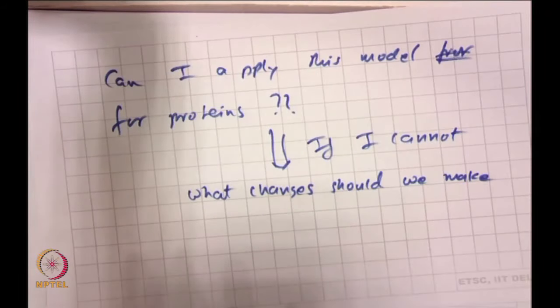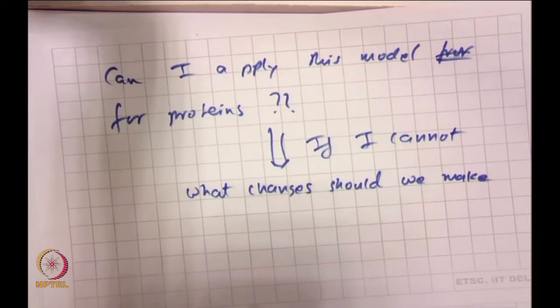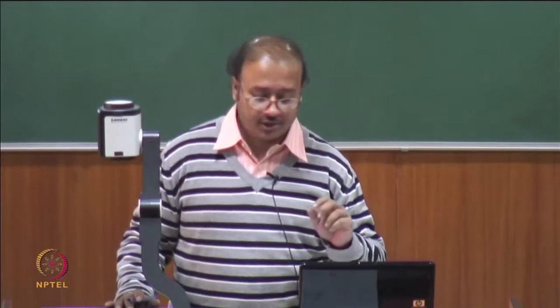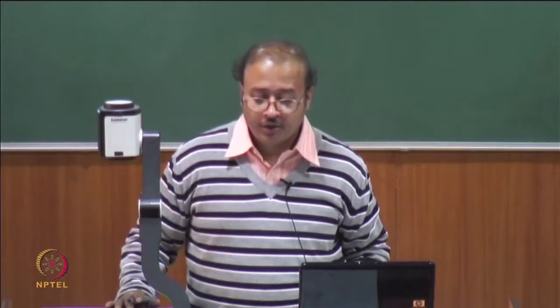What do you think? Mani? 3D, but okay. So, you are saying the charge will be uniformly distributed or not uniformly distributed in case of a protein? Not uniformly distributed. Okay. So, that is a very good point.